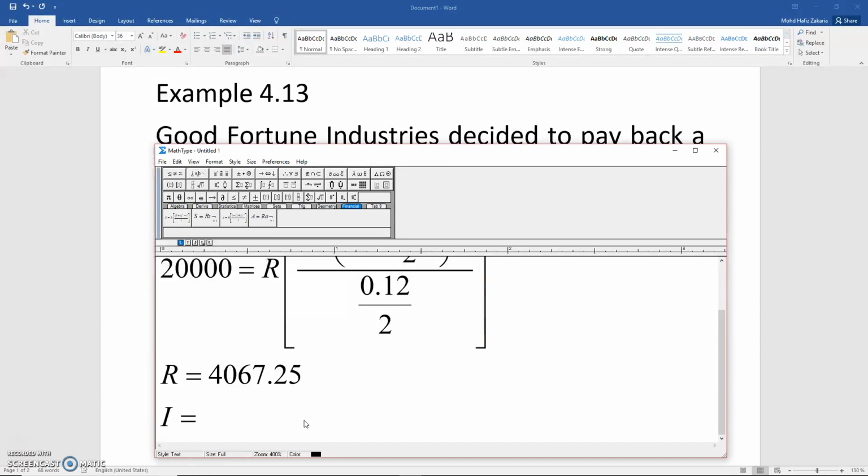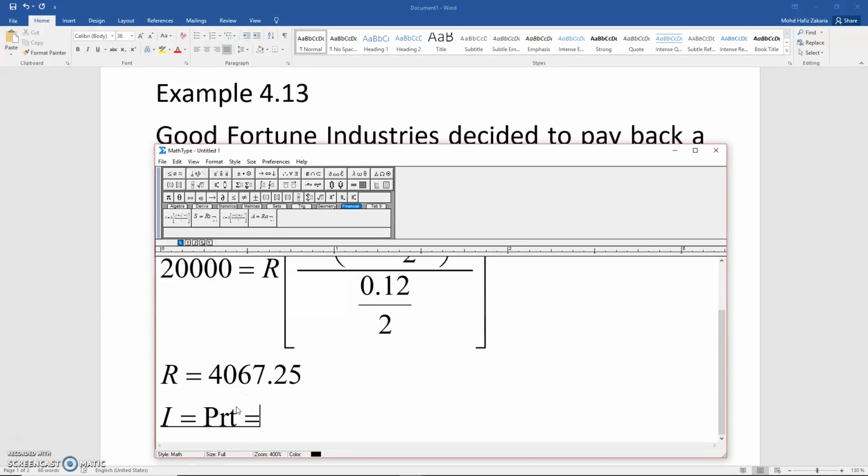We can use it. When we substitute into this formula, it should all be in the form of years.